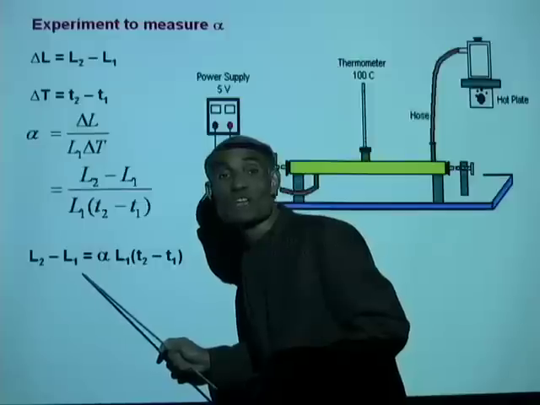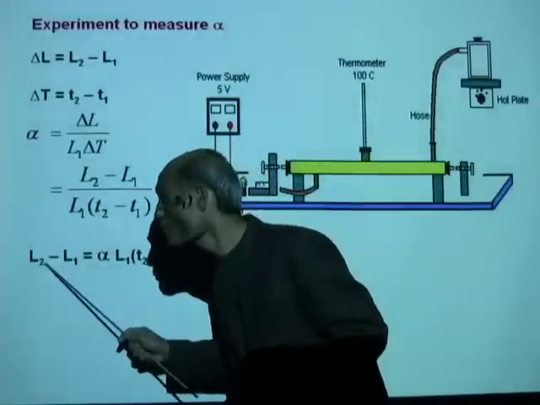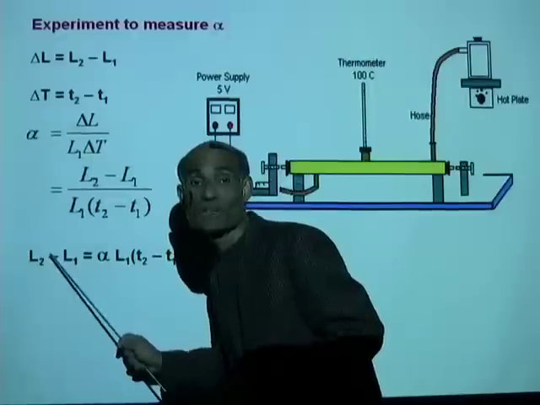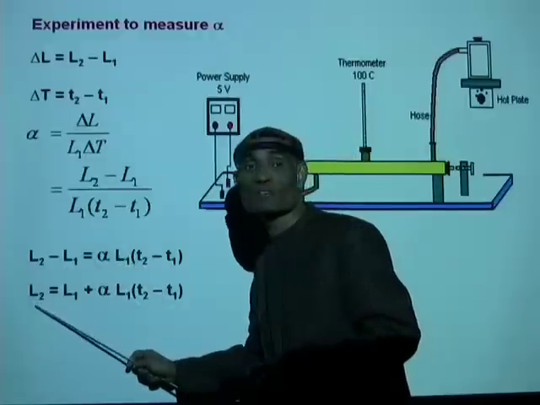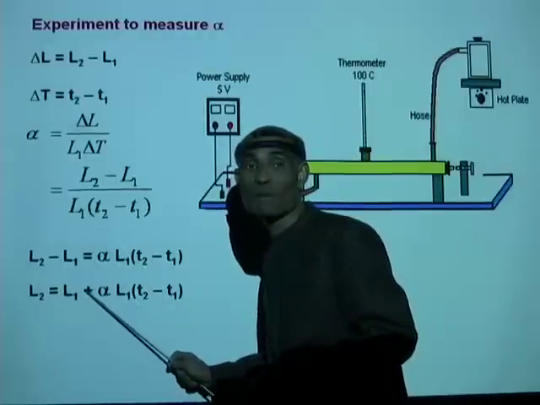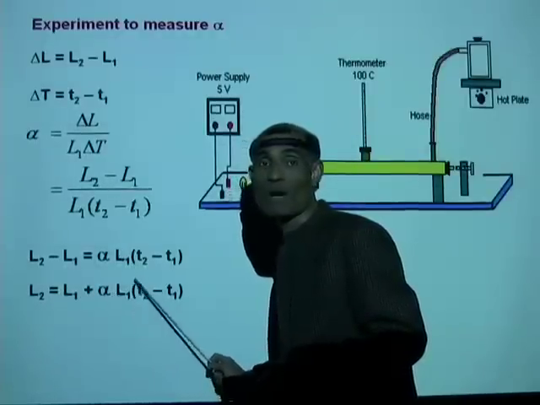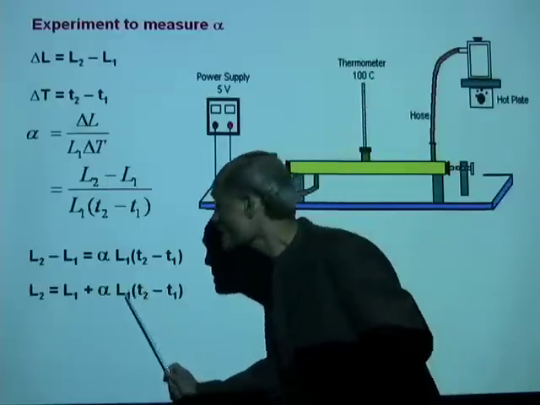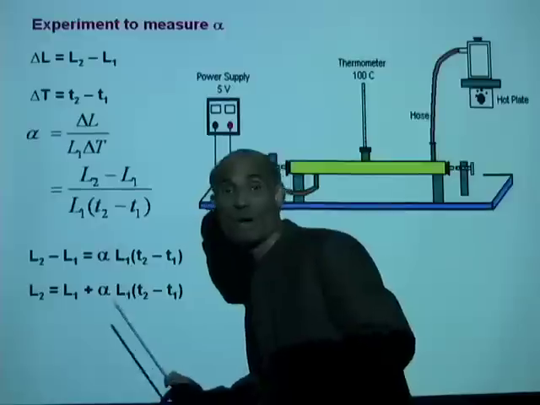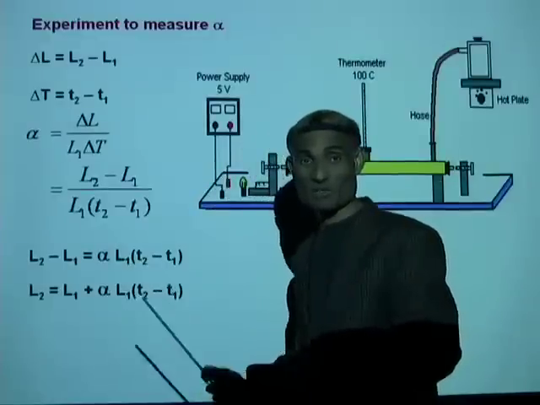And in this equation, we can solve for L2 if you move L1 to the right side. You have L2 equal to L1 plus alpha L1 T2 minus T1. I can factor out an L1 on the right hand side. Let's do that.